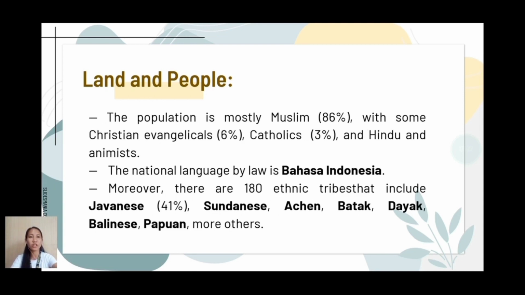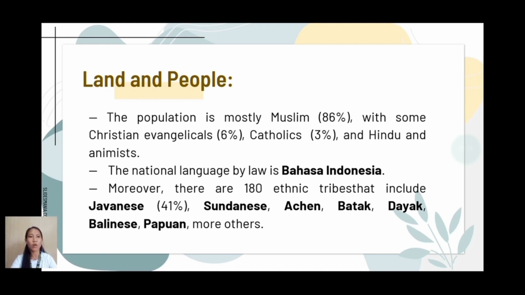The population of Indonesia is mostly Muslim, which covers 86% of the population, with some Christian evangelicals, 6%, Catholics, 3%, and Hindu and animists with the rest of the population.